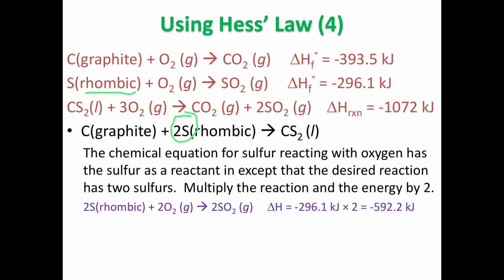Thus, we have two sulfurs in the rhombohedral form reacting with two oxygen molecules in the gaseous form to form two sulfur dioxides in the gaseous form. The enthalpy of formation of the sulfur dioxide, negative 296.1 kilojoules, must be multiplied by 2, giving negative 592.2 kilojoules.